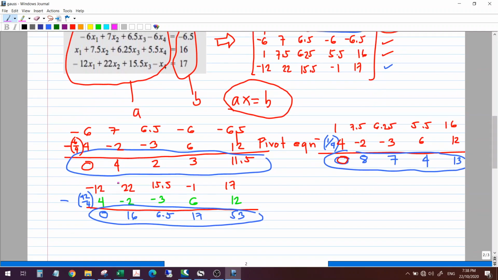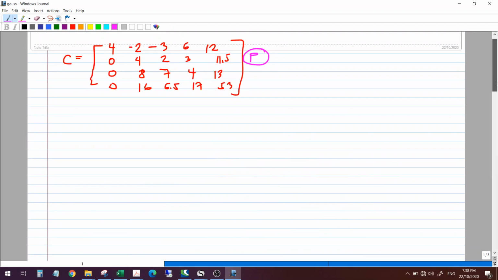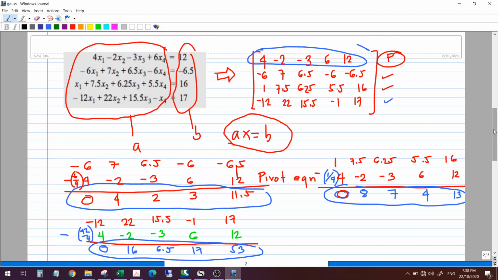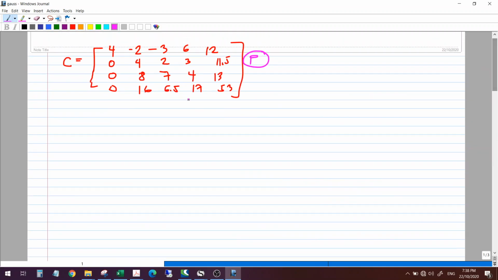So we will do the same process. Okay? So I suggest you also write this down so that you can follow the solution.